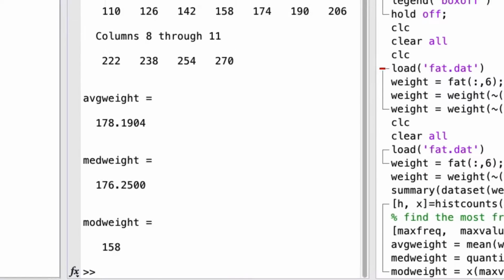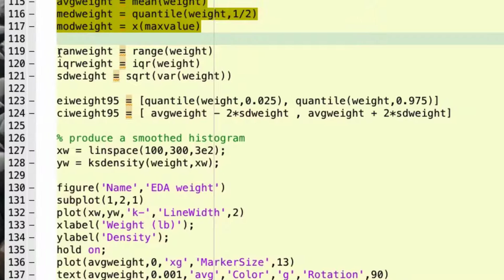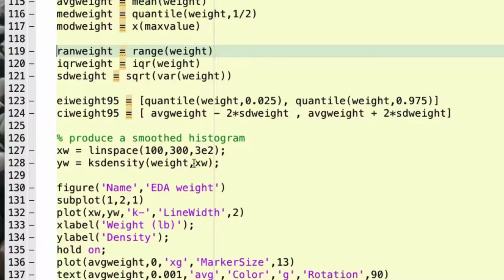I can also calculate measures of scale or variability. I can calculate the range just by issuing that command. I can calculate the interquantile range, and that will be the difference between the first quartile and the third quartile.